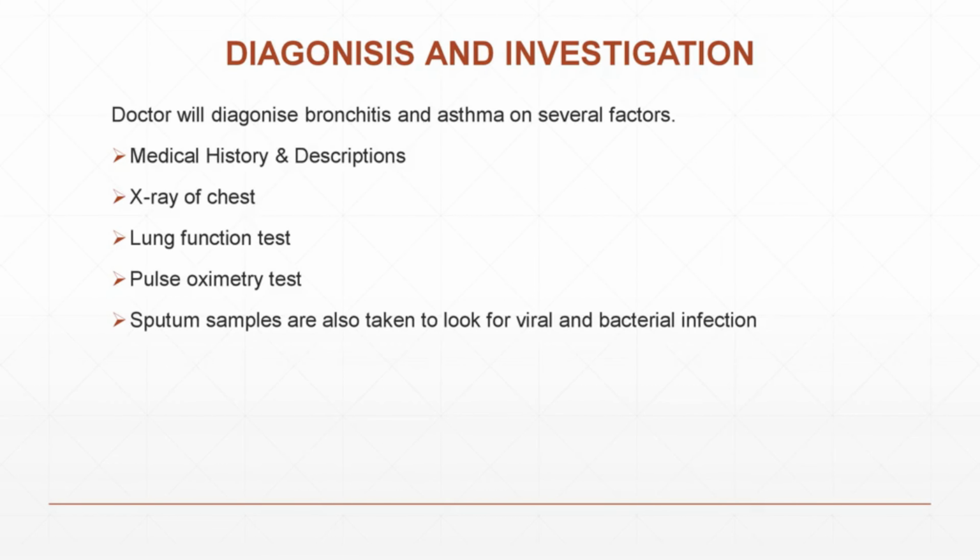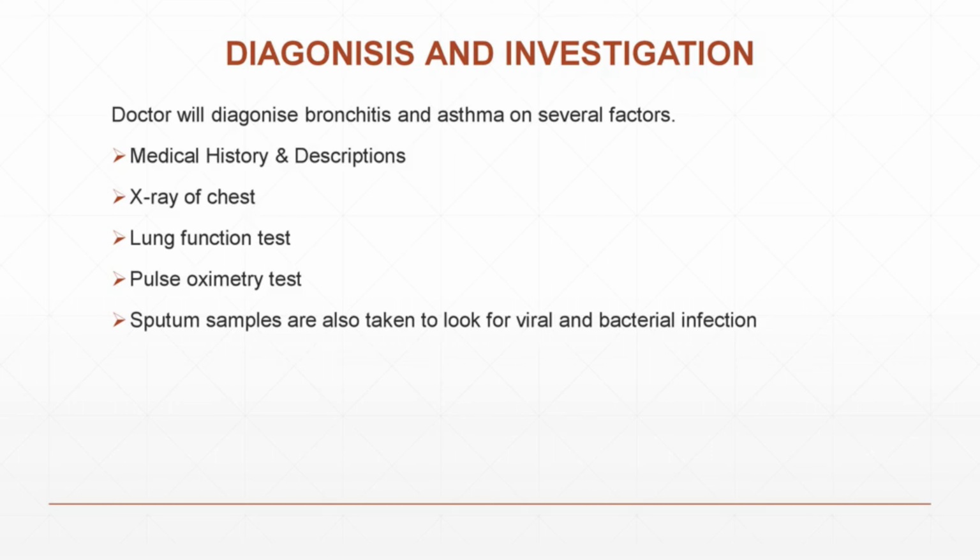A doctor will diagnose bronchitis and asthma based on several factors. First one is medical history and description. The healthcare provider will ask about any history of breathing problems your child may have, as well as your family history of asthma and allergies. X-ray of the chest, lung function test, pulse oximetry test, and sputum samples are also taken to look for viral and bacterial infection.